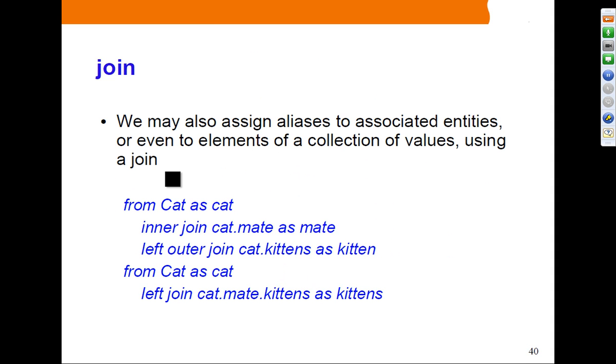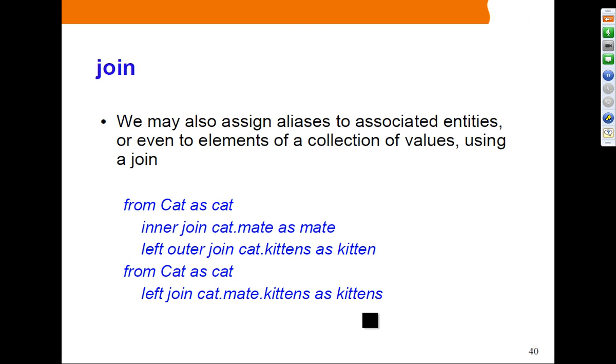Associations and joins. Here you can use inner join or outer join, all the possible join cases. So from Cat as cat, then inner join cat.mate as mate, and left outer join cat.kittens as kitten. And from Cat as cat, this is a left join. For those of you who are not really familiar with the various types of join, I recommend you take a look at the MySQL course.